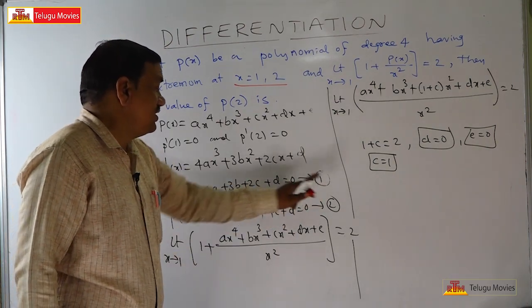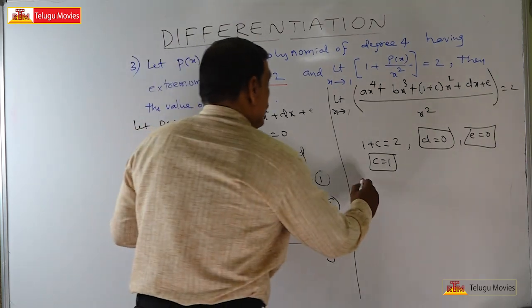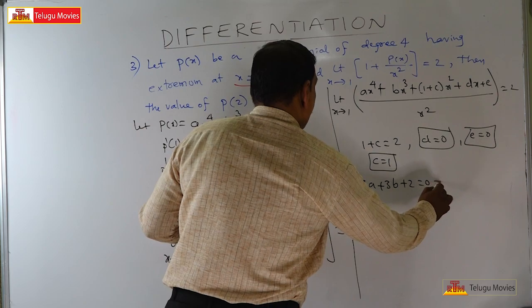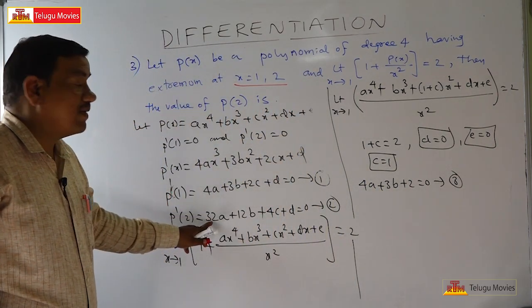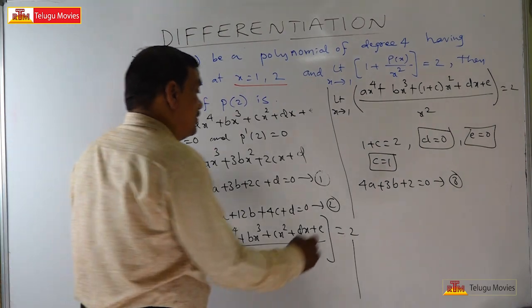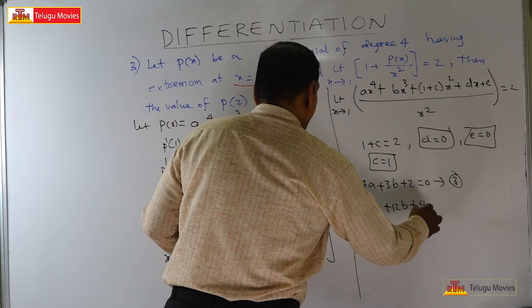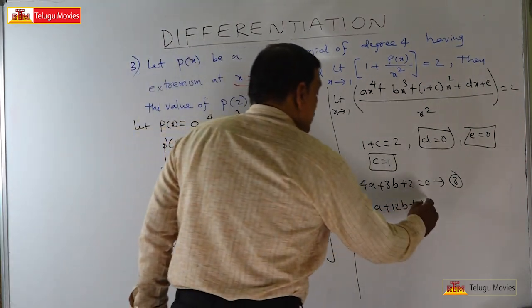So if you substitute in the first equation, here c value is 1, so this is equal to 4a plus 3b plus 2 is equal to 0, equation number 3, d value 0. And substitute in 2. So this is equal to 32a plus 12b plus 4, d value is 0. So you can divide with 4.